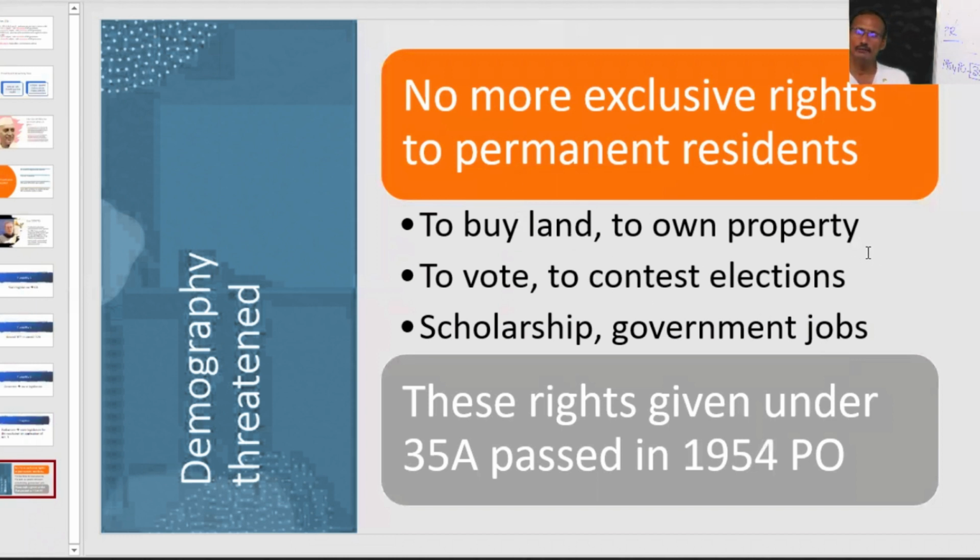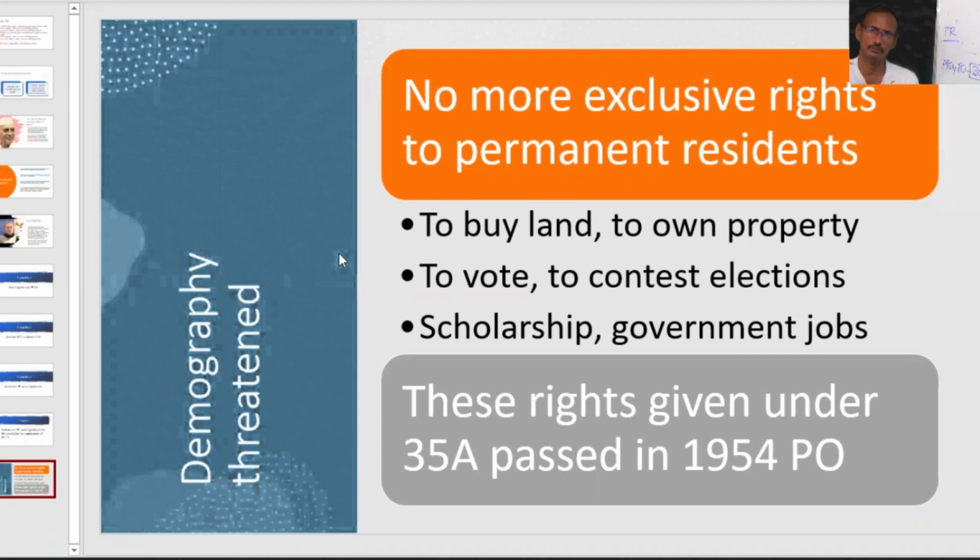To buy land and to own property also essentially makes them think that it is theirs. Now with these provisions gone, people can go and settle there, which means demography can be changed. Change of demography is what China did to Tibet. Okay, so demography can be changed because there are no special rights for permanent residents.